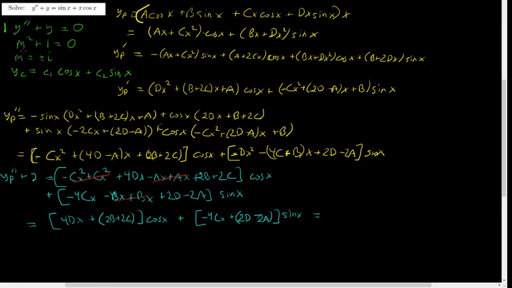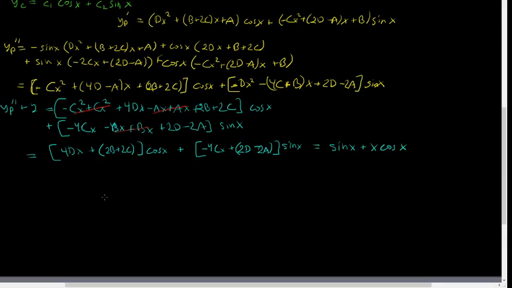Okay, so what does that equal? Well, on the right side we have sine x plus x cosine x. Okay, so now just matching the terms from the left and the right.